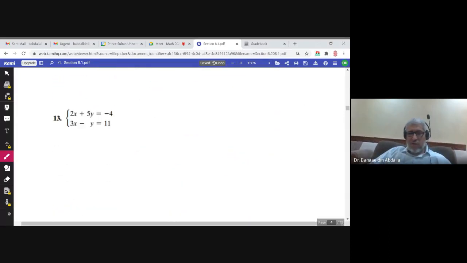Here also, you can solve the second equation for y. You can take y to the other side and bring 11 here. So y is 3x minus 11. So you can use this fact that y is 3x minus 11.